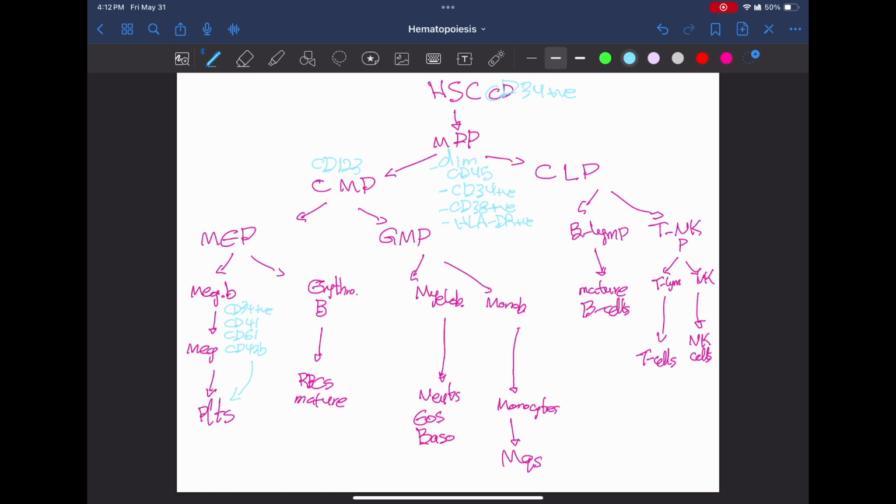As for the erythroid progenitors, these erythroid progenitors show expression of CD71. CD71 is a pan-erythroid marker, however, it's not really specific.